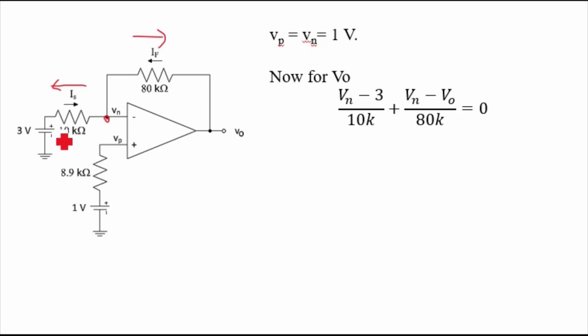Vn minus 3 volt divided by 10k, plus Vn minus V0 divided by 80k, should be equal to 0.